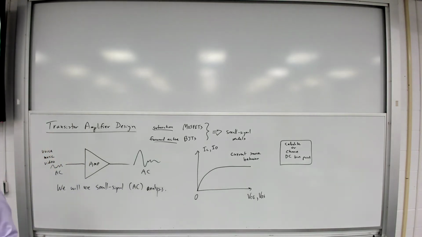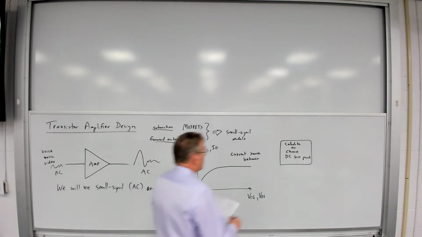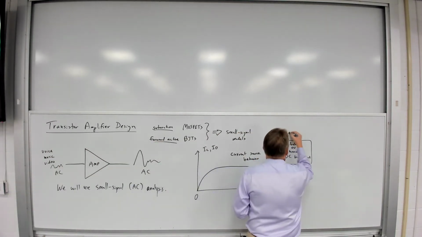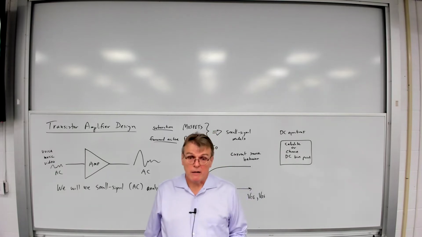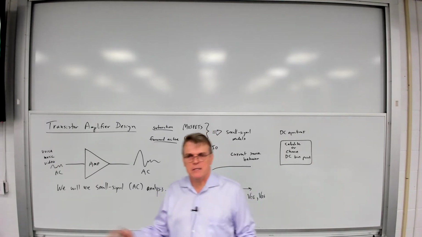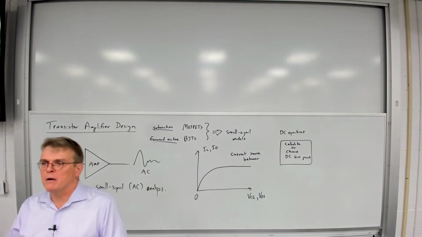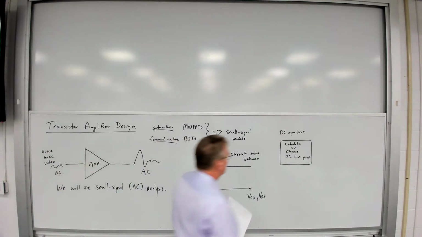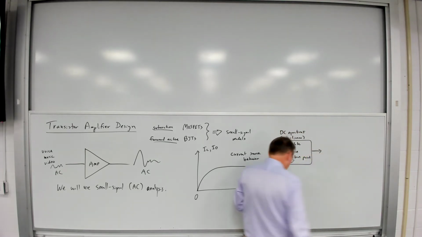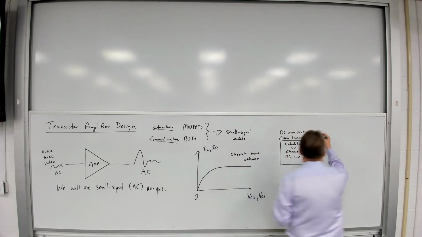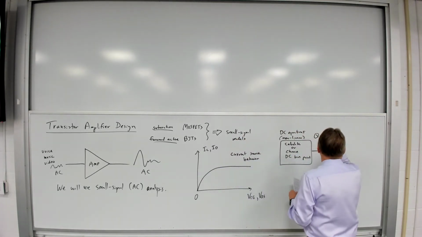What are the currents and what are the voltages? We're going to use DC equations for this. And in general, those DC equations are going to be nonlinear. The behavior of MOSFETs and transistors is nonlinear. It has squares and exponentials in it. Then the output of this will be our Q point, our quiescent point, our bias point.